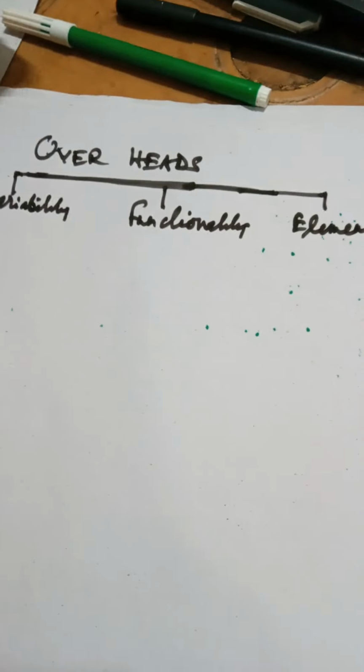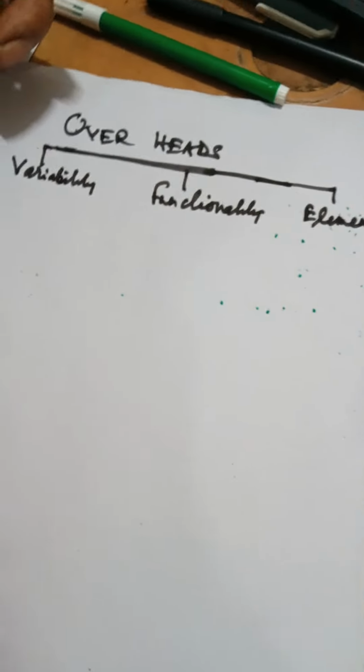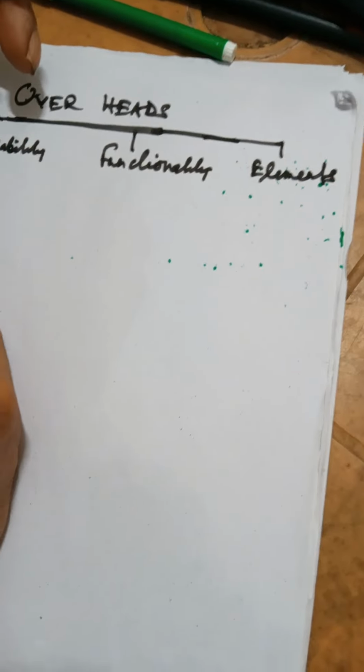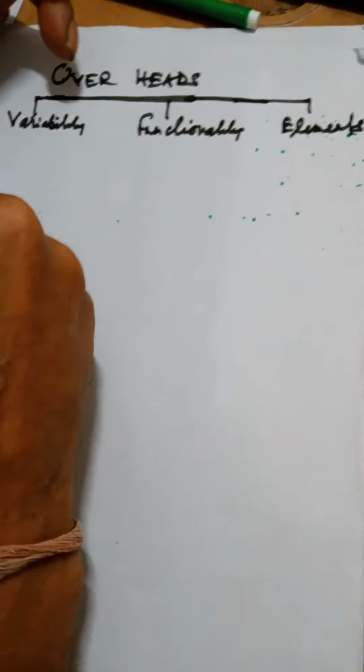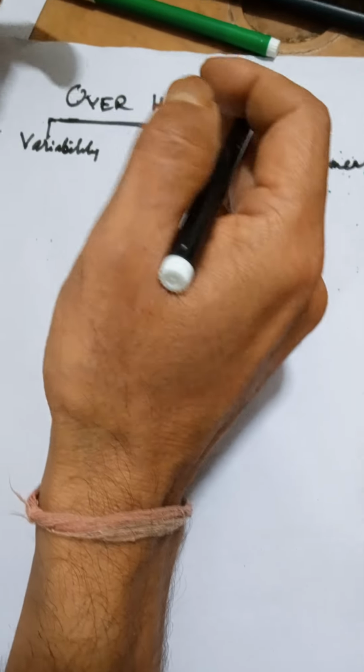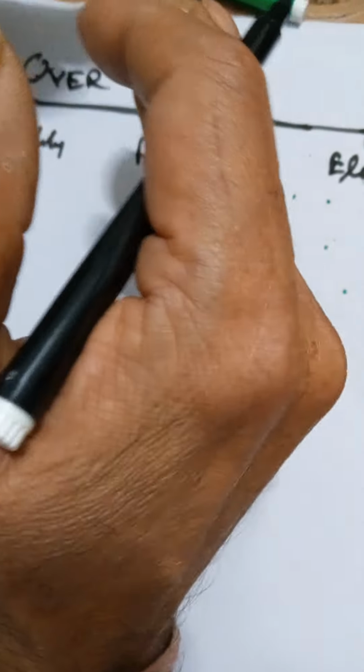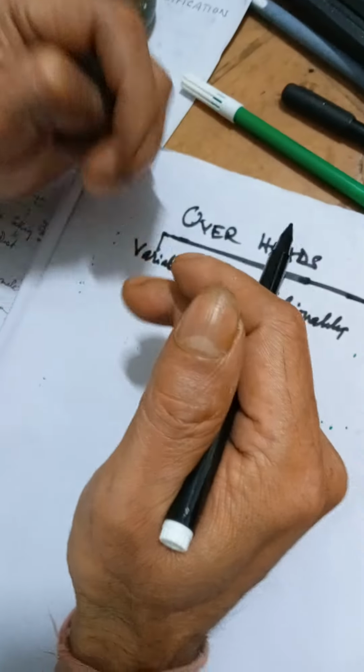Now by variability we mean in what way the expenses incurred is related to output. That means whether the expense is fully fixed or the expenses vary with output.